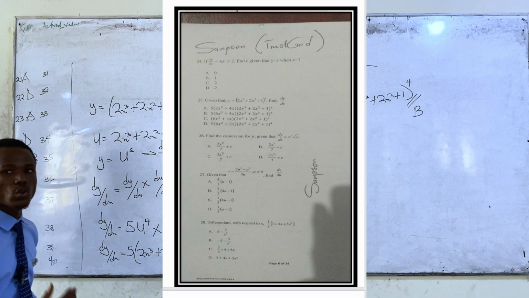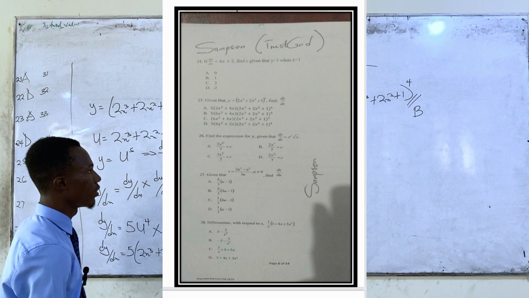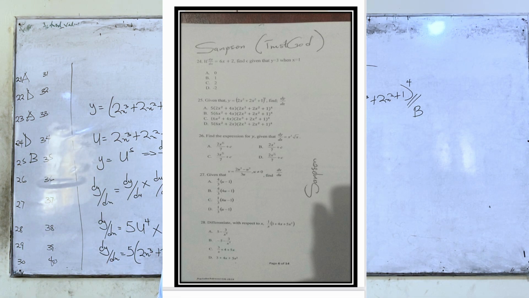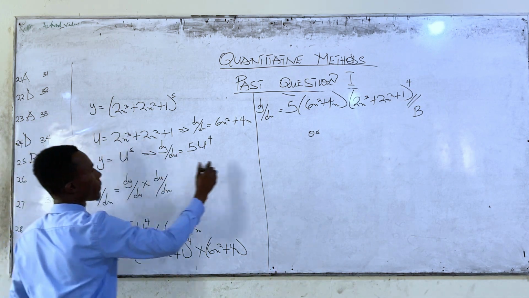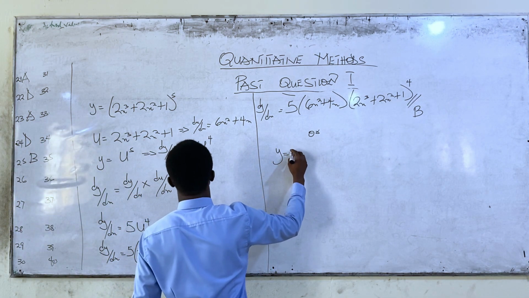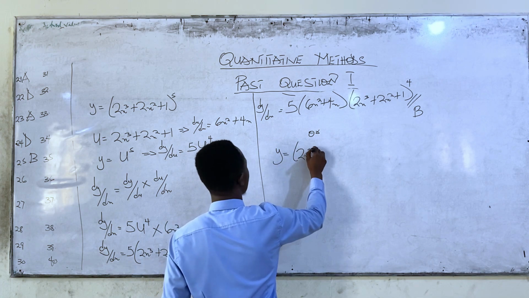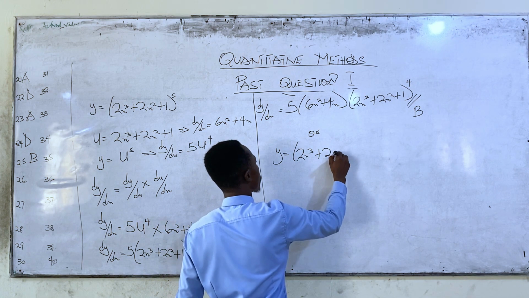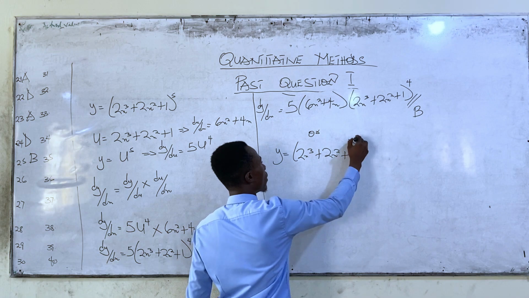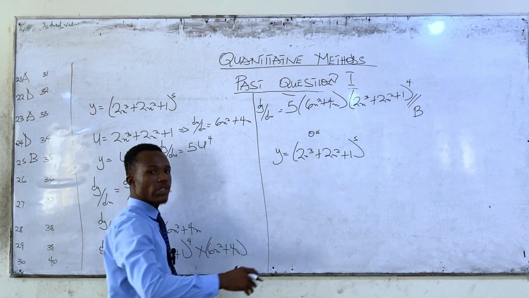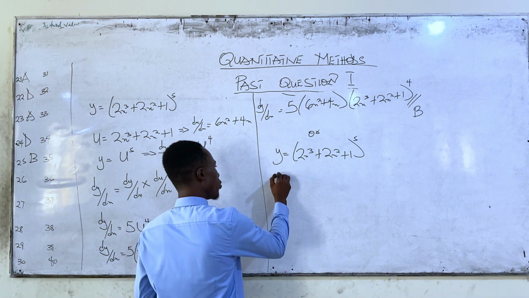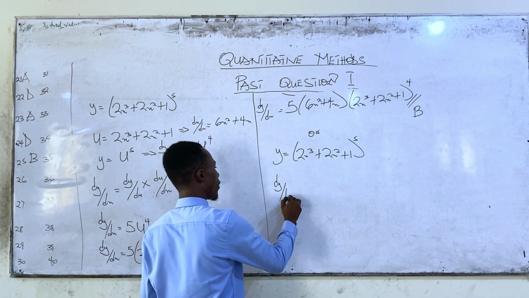Okay. You can also use another shortcut. That is what I'll just recommend for you. So there's the question. Y is equal to 2x cubed plus 2x squared plus 1, all to the power 5. Okay, so all that you need to do is, for the normal differentiation, you get dy/dx here, right?